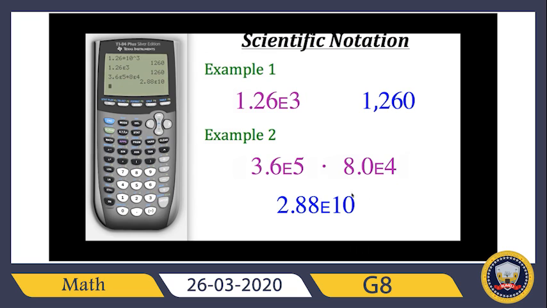Now if you ever need to write down a specific answer in scientific notation, you will not want to use this E. That's strictly just a calculator notation. So in order to conventionally write out your answer, you'll need to write it as 2.88 times 10 to the 10th power. And that's how you do scientific notation on your calculator.